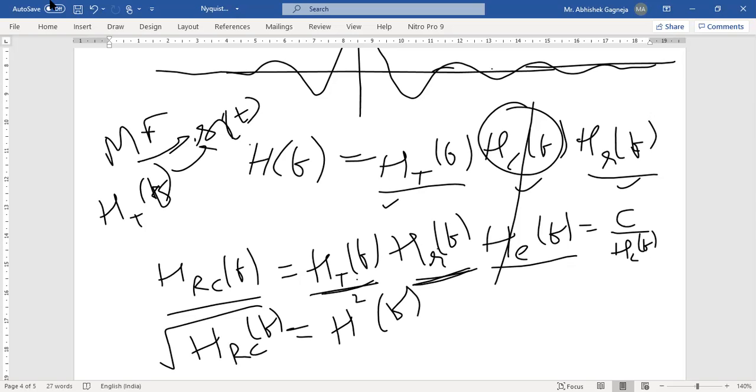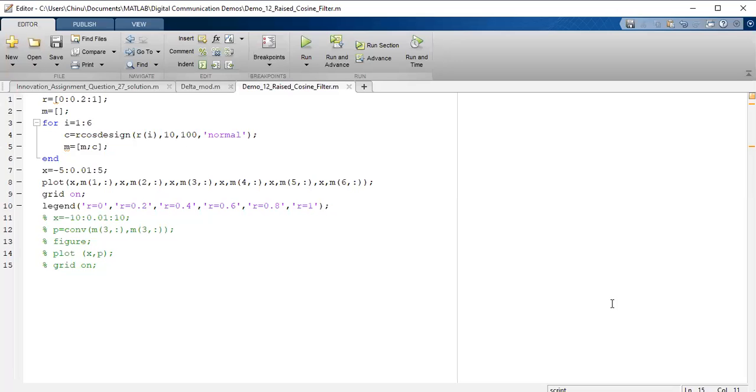Now, if I call it root raised cosine, it is important to note that individually a root raised cosine is not going to follow the Nyquist criteria. Again, let me try to show you. In this same code, if I remove normal and put sqrt, our cosine design function is going to generate a root raised cosine system.